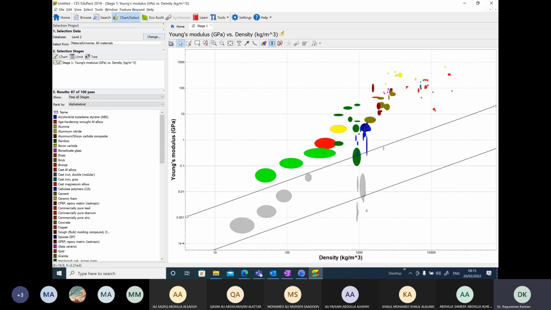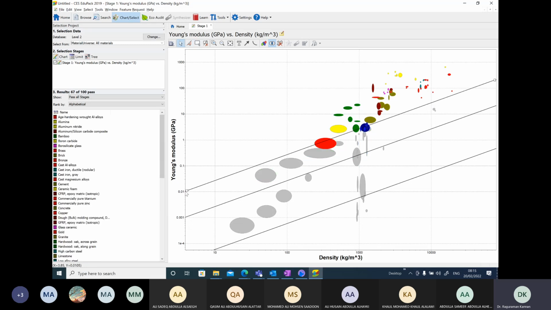So let me see if I draw one more slope right at this point. Observe here you have results 87 out of 100, and if I click here, immediately the materials are removed from the list.